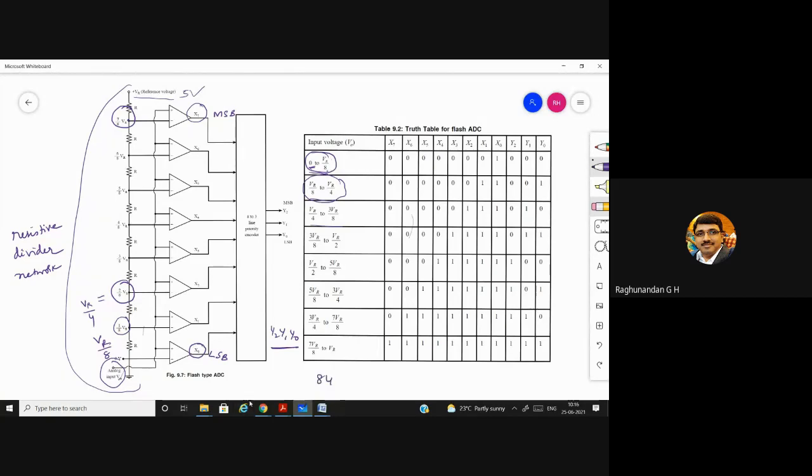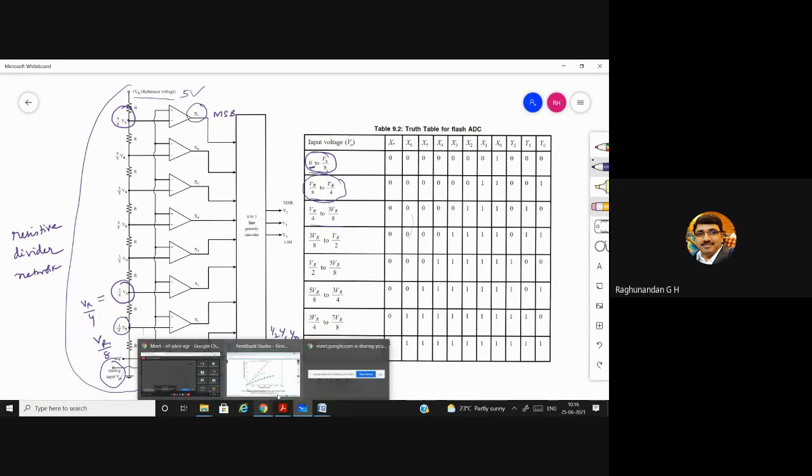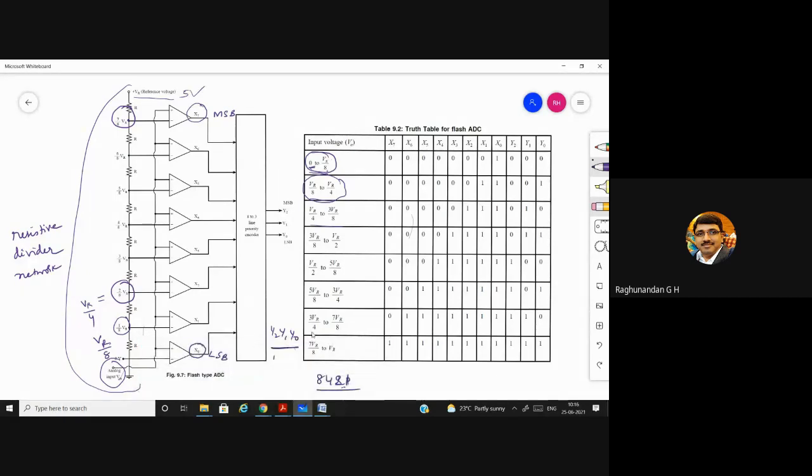So do you remember 8421 code? Yes, sir. With respect to this, tell me for y2, y1, y0. Four, two, one, right? What is the maximum value? 1 is 7, sir. 7.